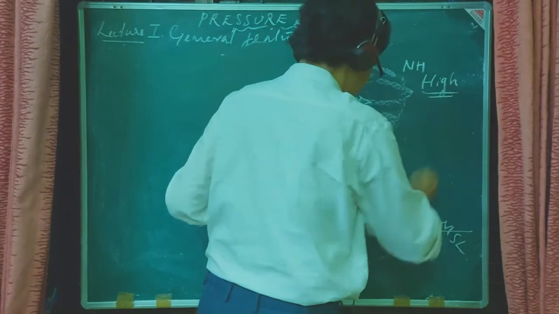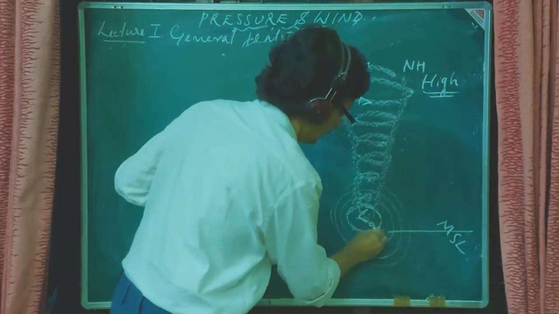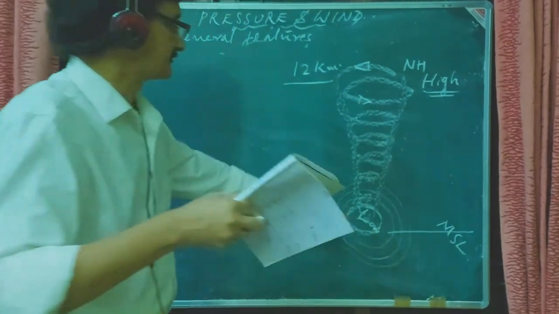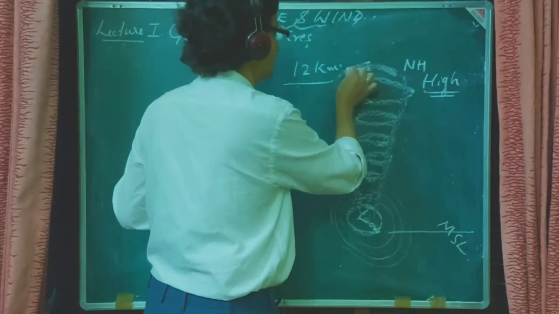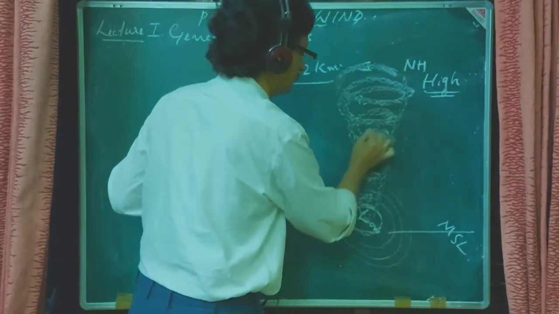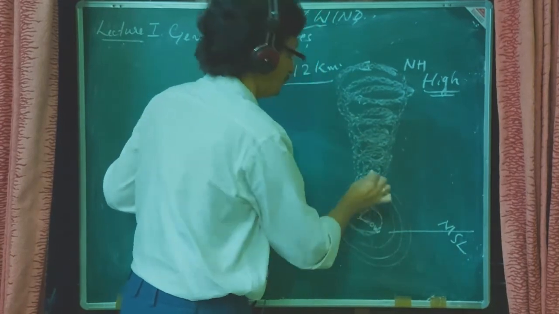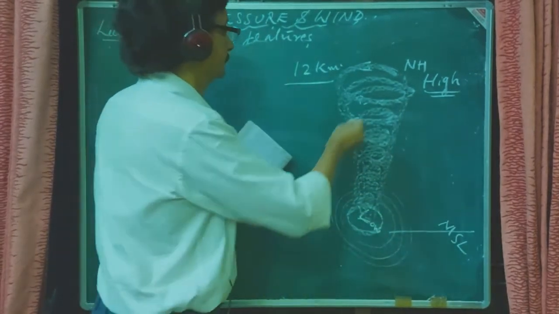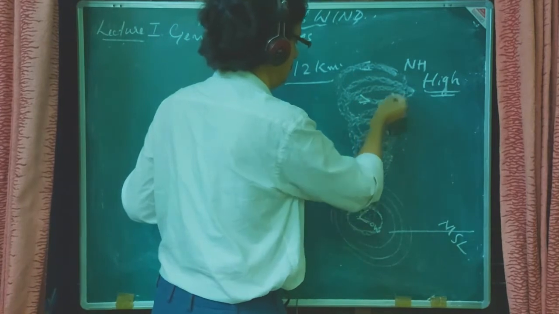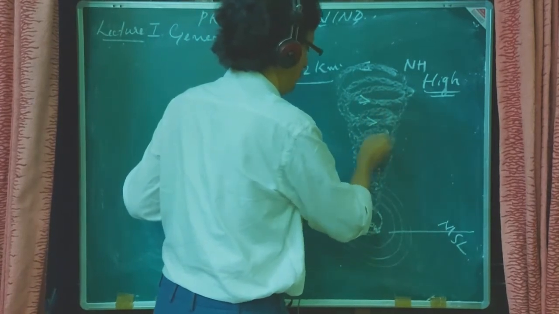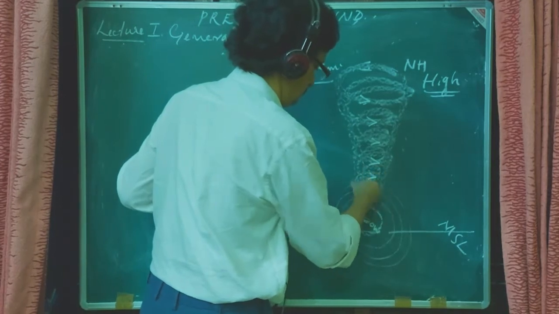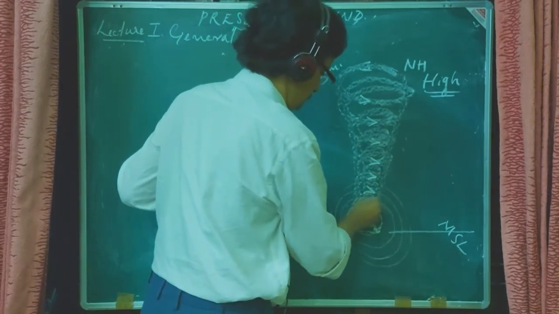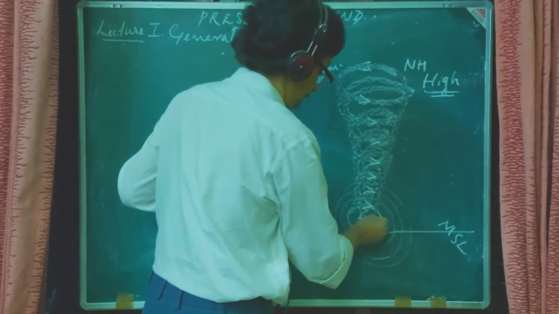That is, intense low pressure will be experienced at the mean sea level, whereas at around 12 kilometers you can experience a high pressure region.